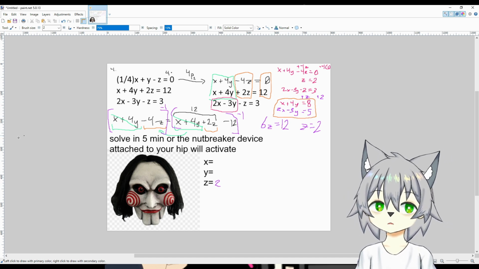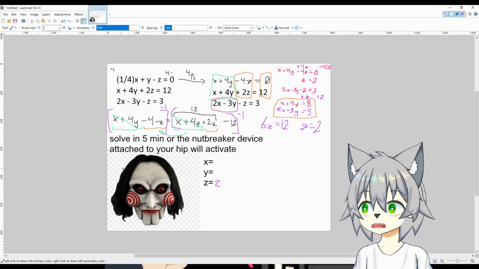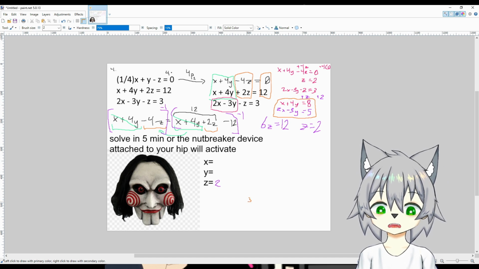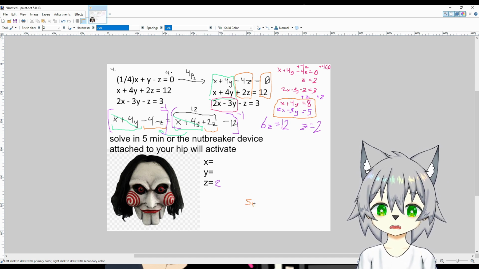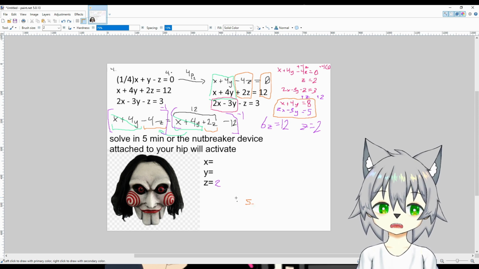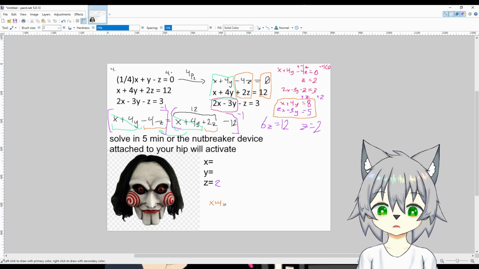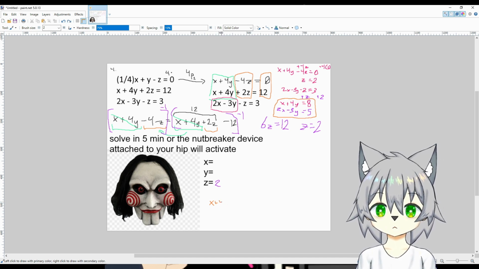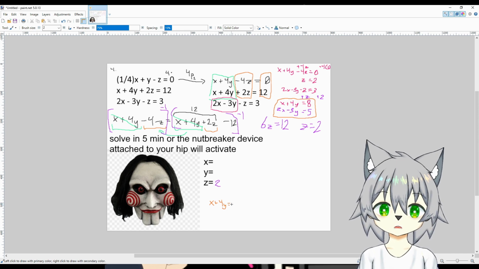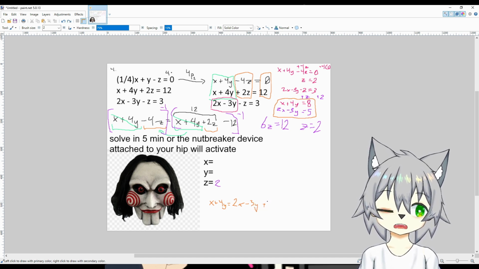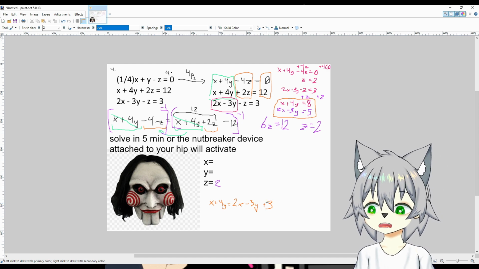We could try something like 8 equals 5 plus 3, so then we can do x plus 4y equals 2x minus 3y plus 3, and solve for all that.